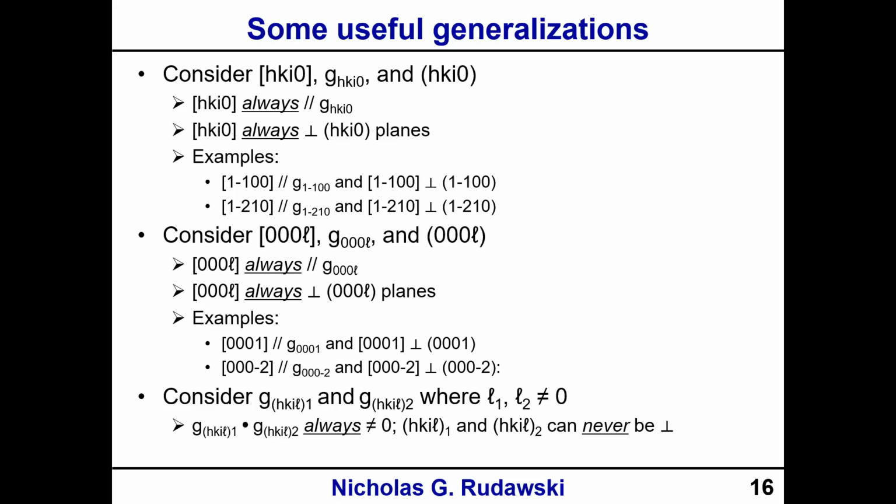We can use this to help us rule certain possibilities out. So if we have two G vectors and both of the L components are not 0, we can never have a 0 dot product. These two G vectors can never be perpendicular. Something to make use of here when we start looking at the patterns.